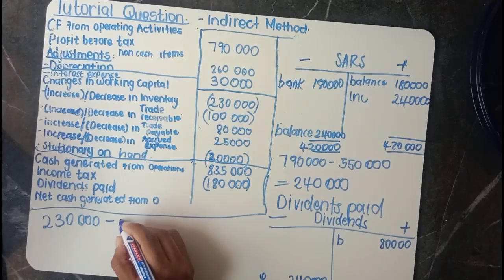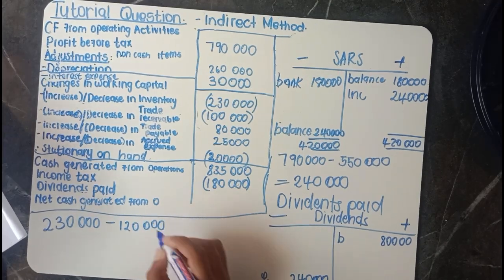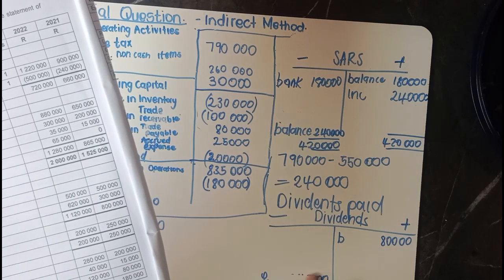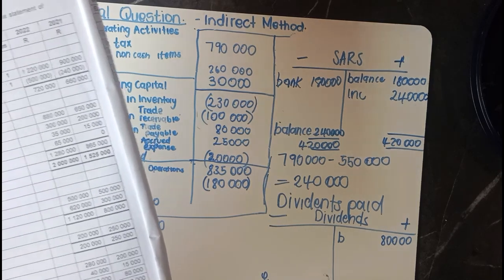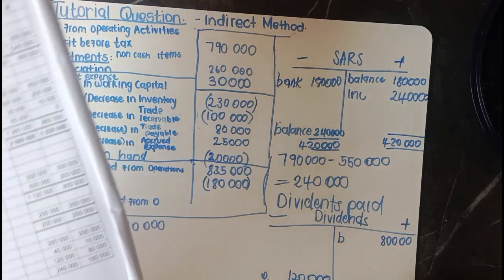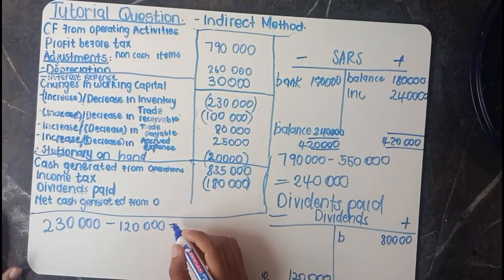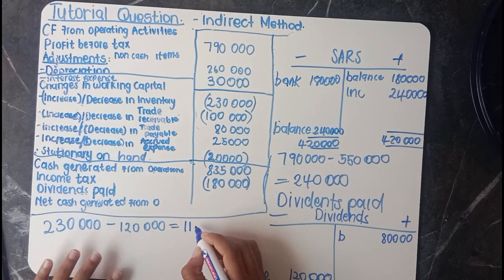So we're going to minus 120. I don't even know where I was getting this 240. It's supposed to be 120. So you subtract your 120, and you say 230 minus 120, and you have 110.